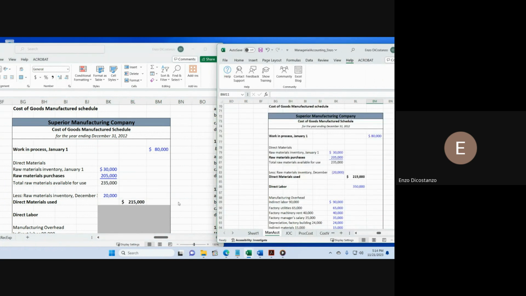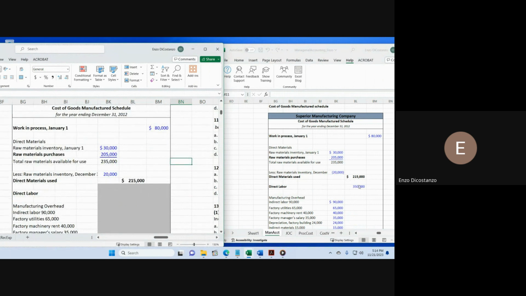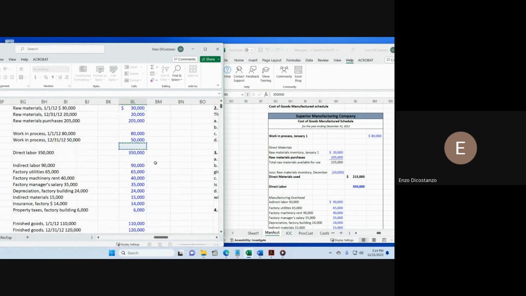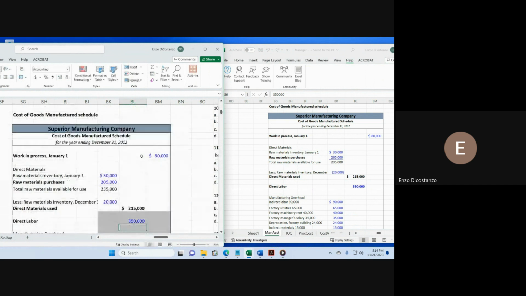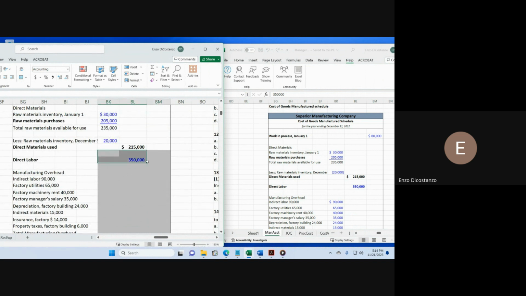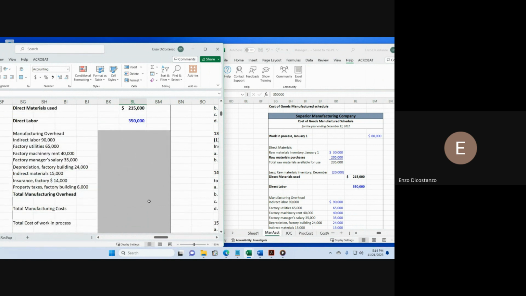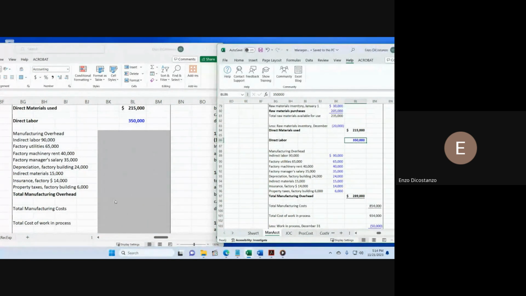Okay, you have that one. Direct labor, 350. Okay, and then you have all the other pieces here, which are right there. So we can even start from the bottom here, and we could type them.